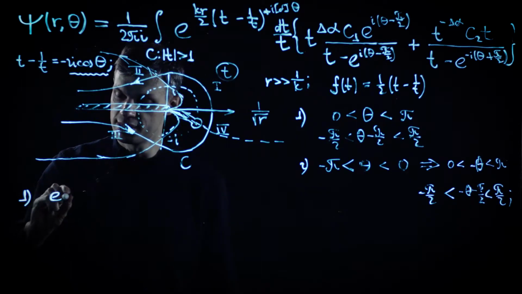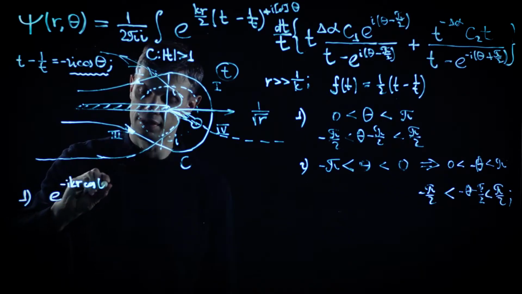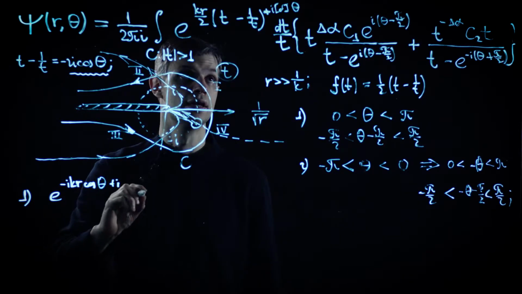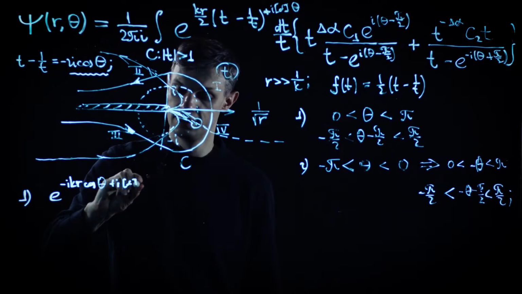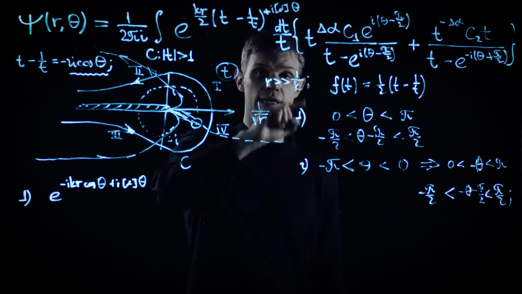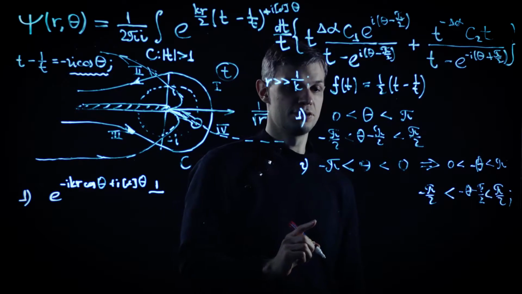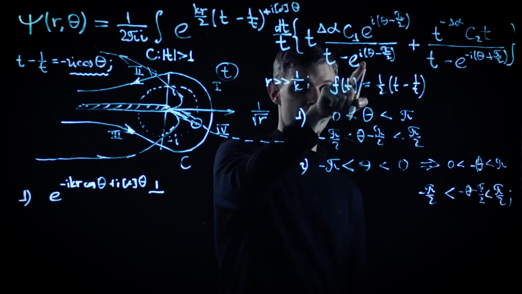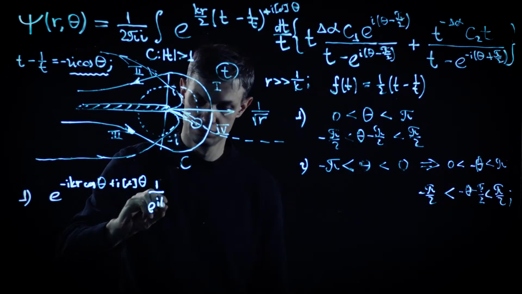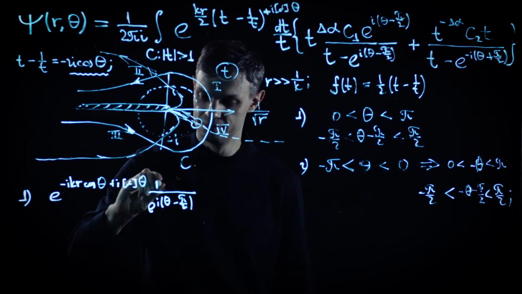So the main exponent will be e to minus I k r cosine theta, the plane wave, plus, of course, I integer part of alpha times theta. Then there will be this t in the denominator, which should be substituted by this exponent e to I theta minus pi by 2, which, by the way, cancels this exponential.